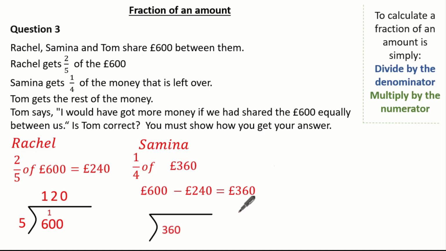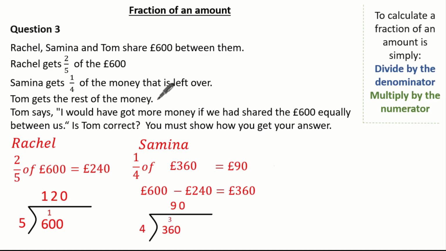Well, 360 divided by our denominator means how many 4s go into 3? None. Carry the 3. How many 4s go into 36? 9. And how many 4s go into 0? 0. So 1/4 of £360 is £90. So now we know Rachel gets £240 and Samina gets £90.